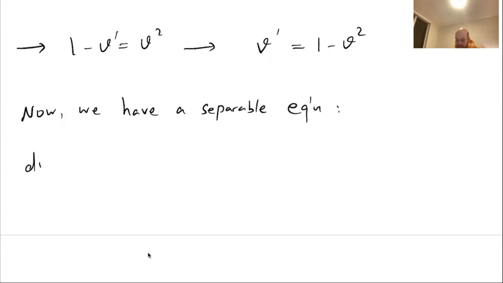We have dv over dx equals 1 minus v squared. Now we can divide both sides by 1 minus v squared as long as 1 minus v squared is non-zero.